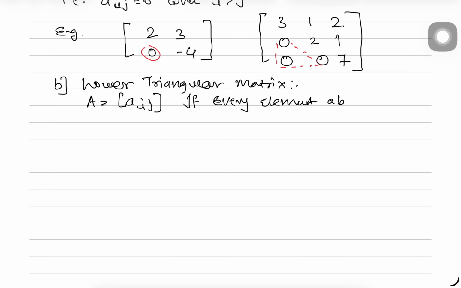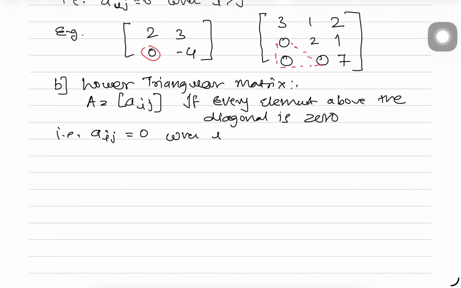So the condition says that A of ij is equal to 0 when i is less than j.